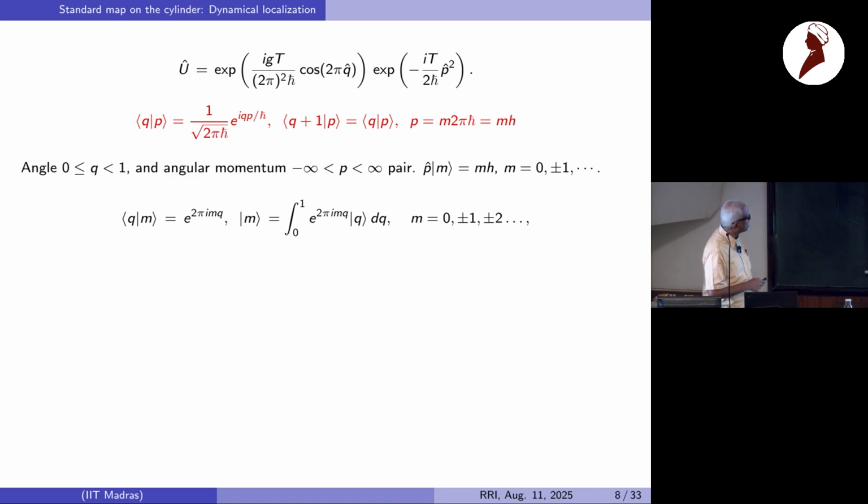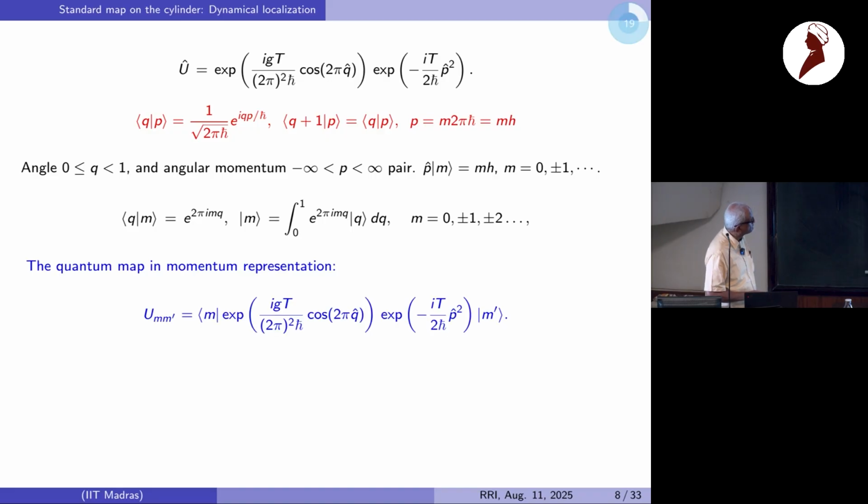So you have the angular momentum quantized, and this is the angular momentum equation, and the integers can take values like this. And this inner product between q and an integer m is given by this Fourier transform. You can write the momentum vectors in terms of position.